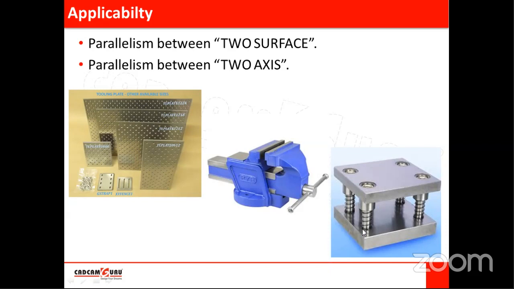We are expecting parallelism between the axes of these two guide pillars, and the axes of these holes should again be parallel. So this is the case where we can expect parallelism between two axes. These are two different examples: parallelism between two surfaces and parallelism between two axes.